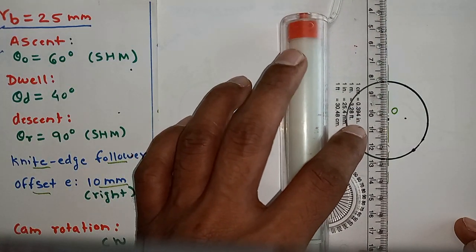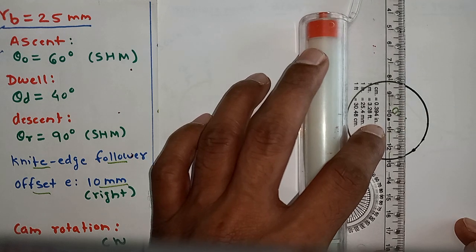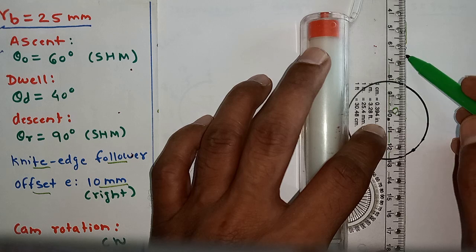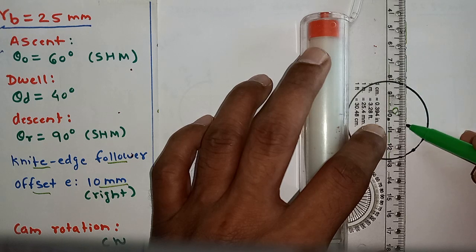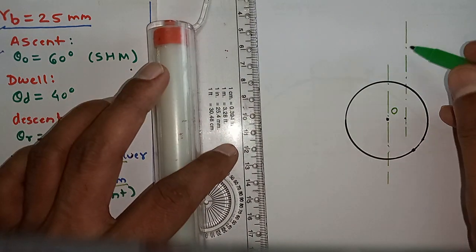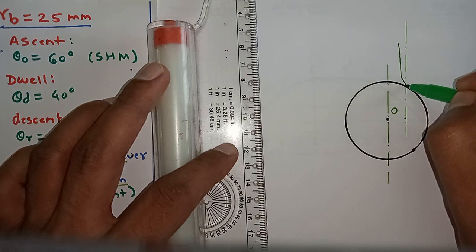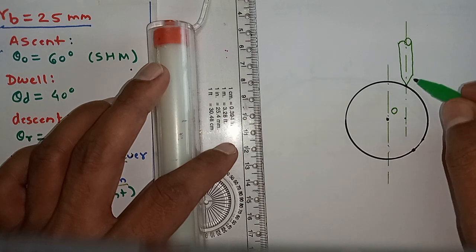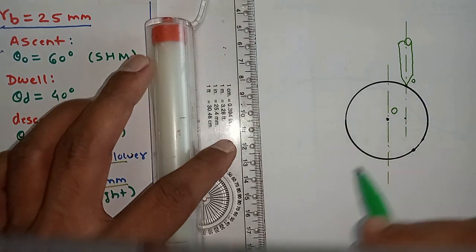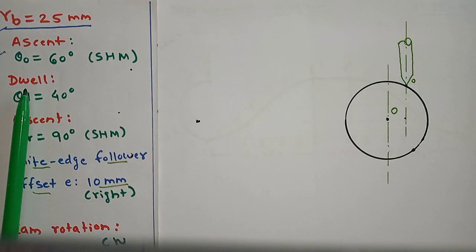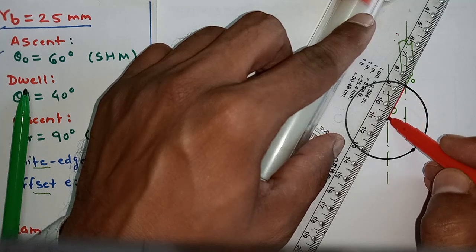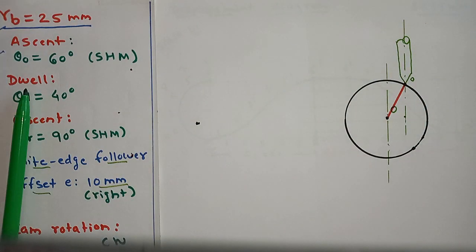At this instance, the position of the follower will be along this line. So this is the knife edge follower, and I will name this point of contact as 0. Now I will join point 0 to point O, and this will be the reference for plotting the angles.